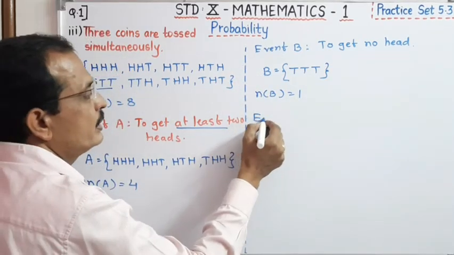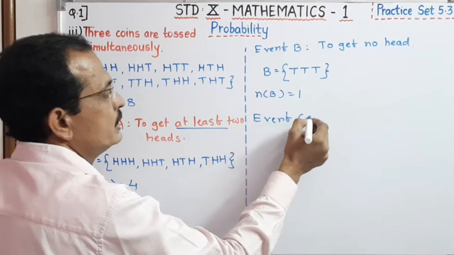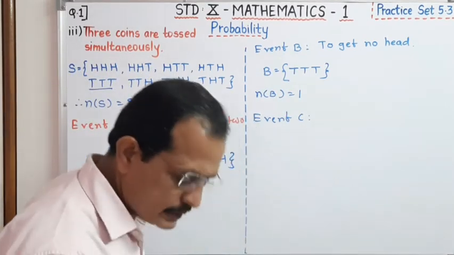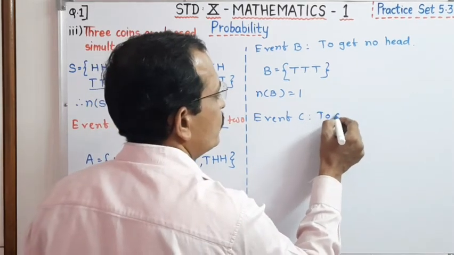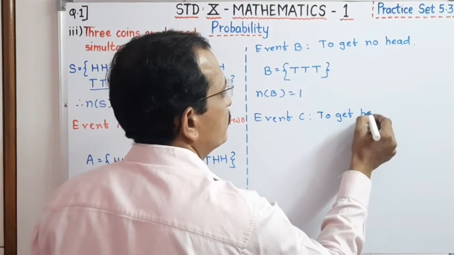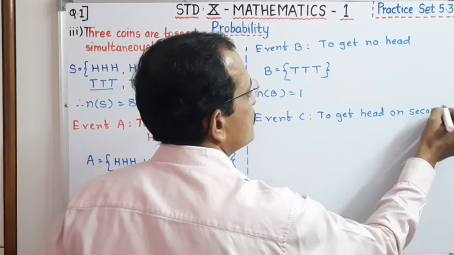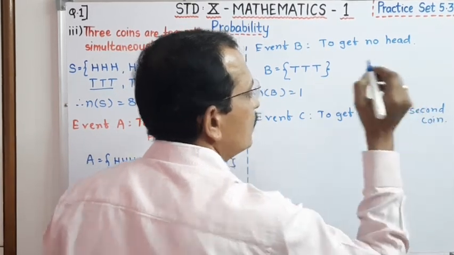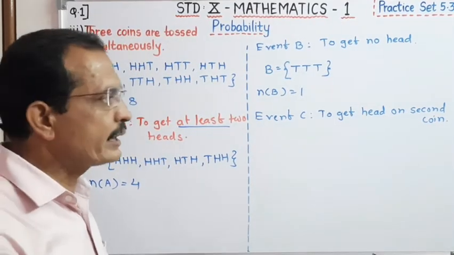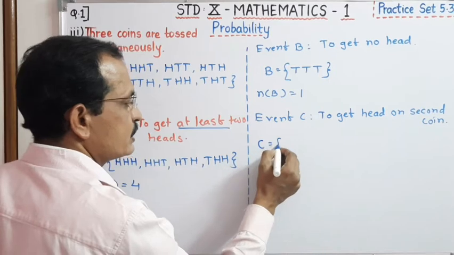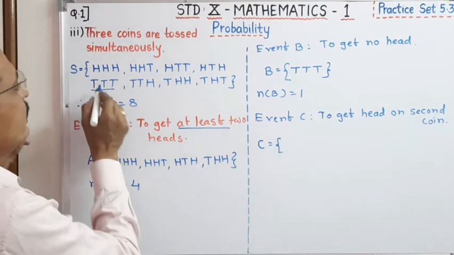Then event C we have to see. In that event C, to get head on the second coin. That means on the second coin there should be a head. Therefore C is equal to second coin head.